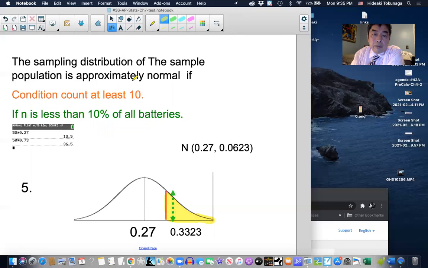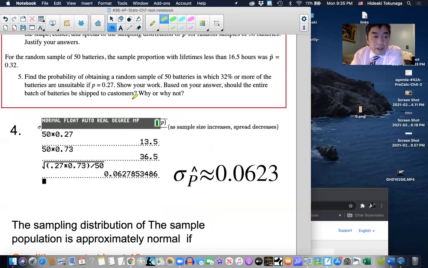Let me read it again. Find the probability of obtaining a random sample of 50 batteries in which 32% or more of batteries are unsuitable if P equals 0.27. Show your work. Based on your answers, should the entire batch of batteries be shipped to customers?